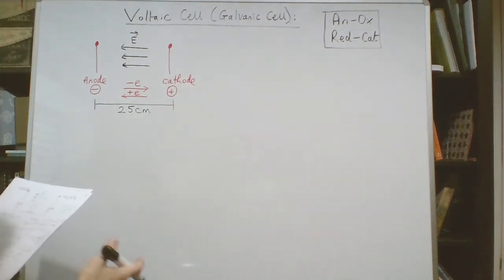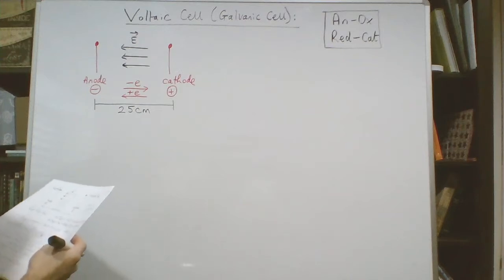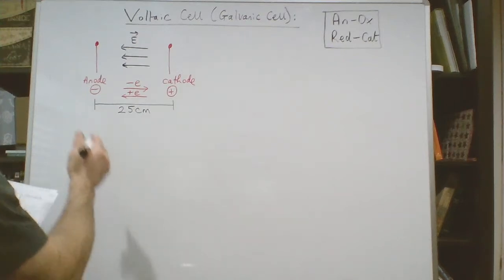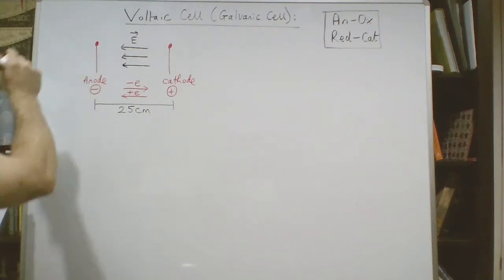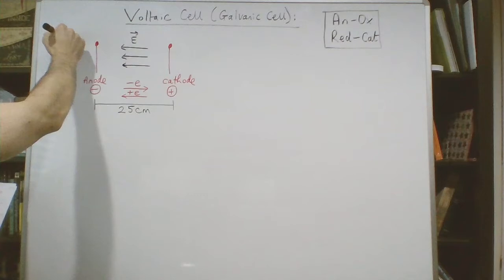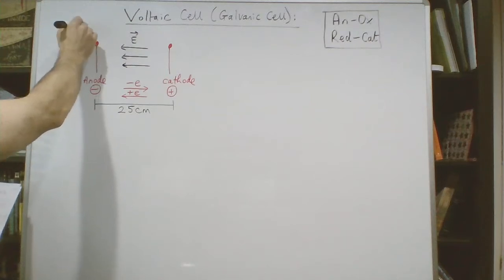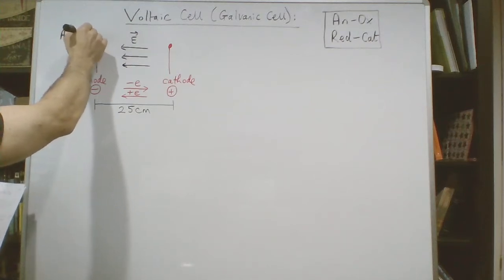And let's look at some chemicals that would achieve this. So for example, to give a specific example, the anode could be a mixture of aluminum and aqueous aluminum.